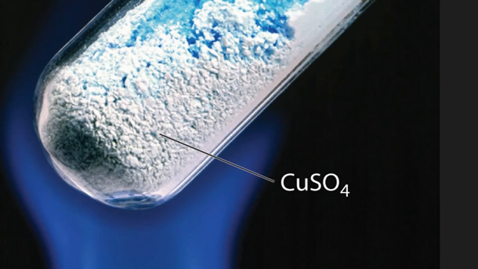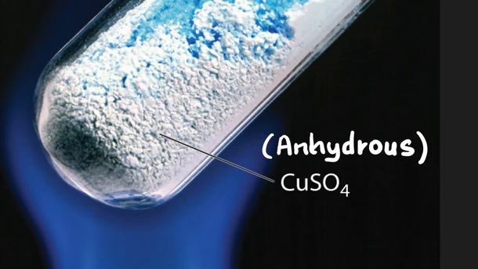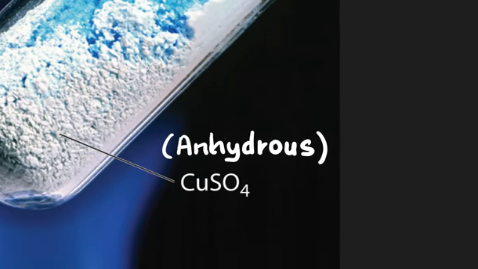Also the chemical composition changes, meaning it loses water and it now becomes white colored copper sulfate, and this is now said to be anhydrous copper sulfate. Anhydrous means without water.